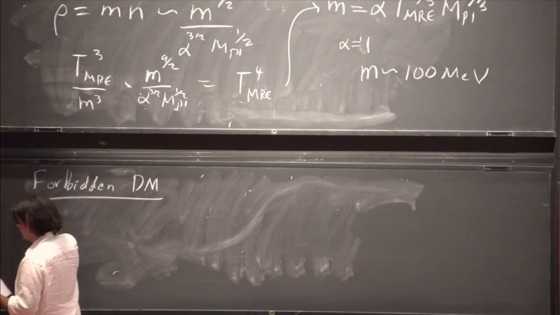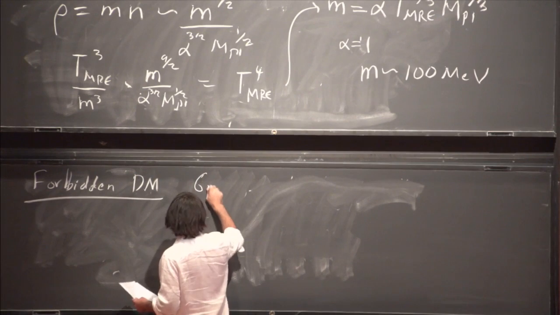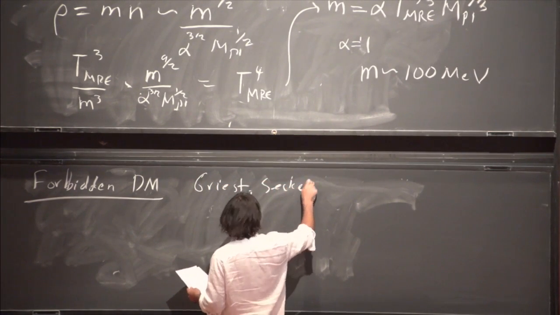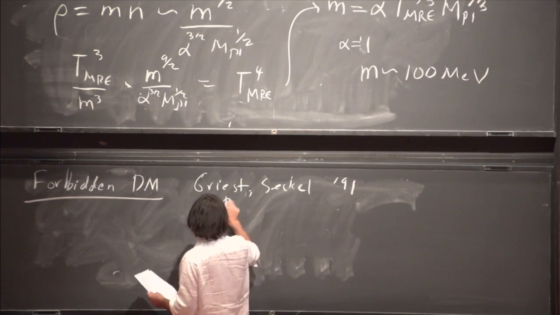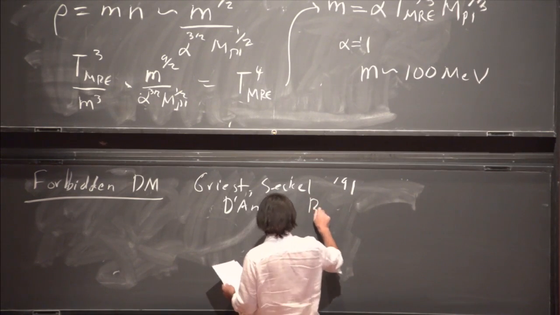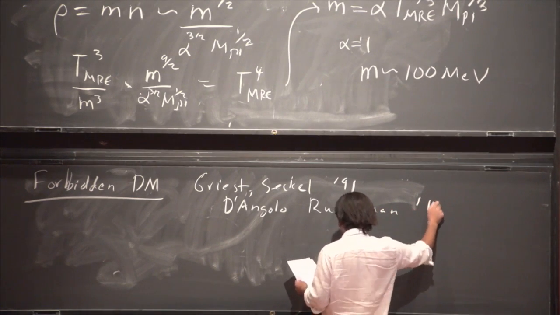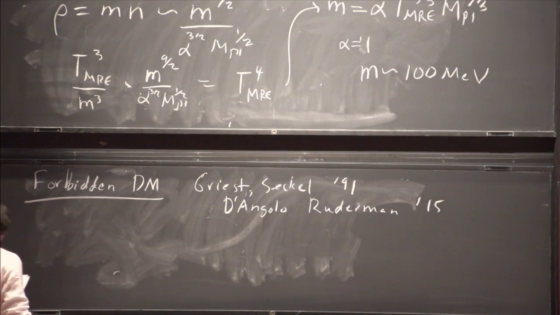So next, you have forbidden dark matter, which was discussed in the context of, I believe, SUSY-type models back in '91, and more recently by D'Angelo and Ruderman, who kind of understood it in a modern and proper context.